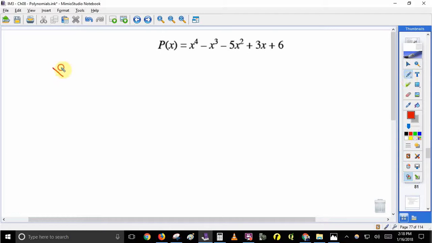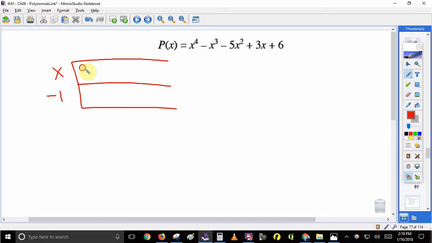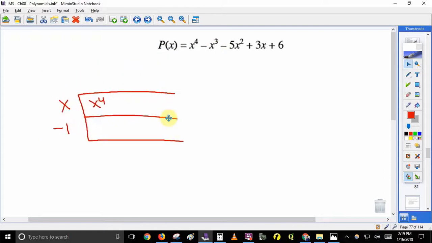So, x plus 1, x to the 4th goes here. I'm going to move this down a little bit. That means this is x cubed, and this is negative x cubed.